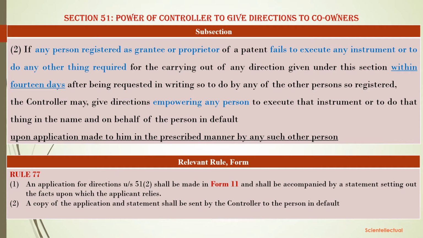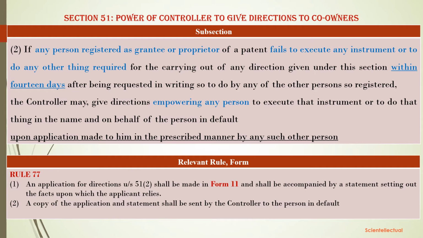That is, when two or more persons are registered as grantee or proprietor of the patent and any one of them fails to execute the controller's decision or the directions, then that person becomes the person in default.